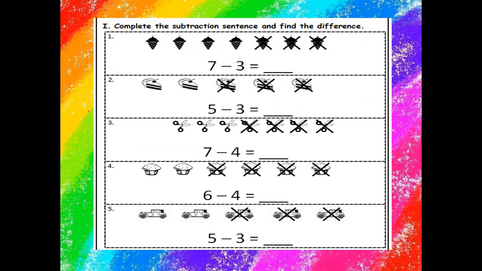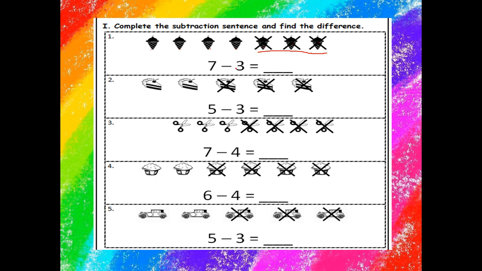Let's complete the subtraction sentence and find the difference. So in number 1, we have here ice creams. 1, 2, 3, 4, 5, 6, 7. We have here 7 minus 3. You can see 3 x's here. Okay, so it means these are the ice cream that we take away.